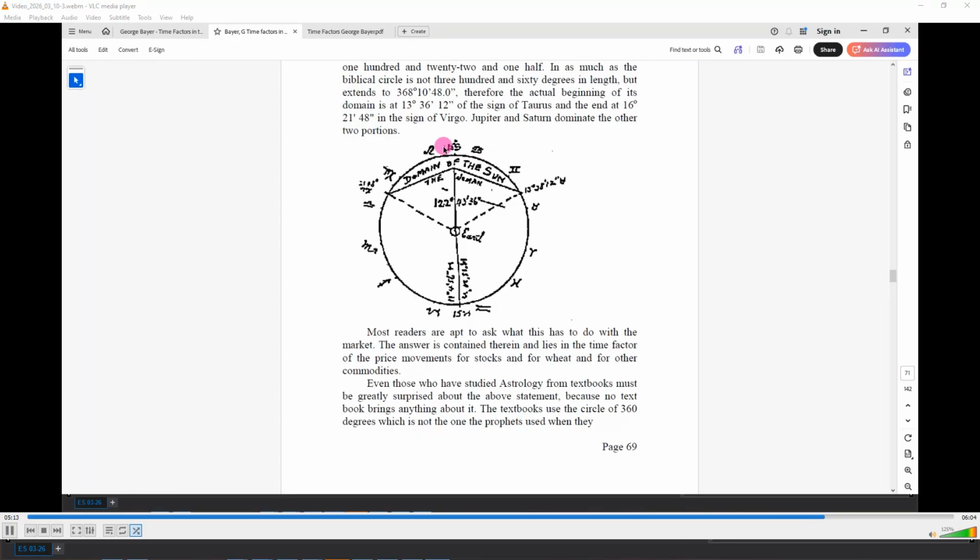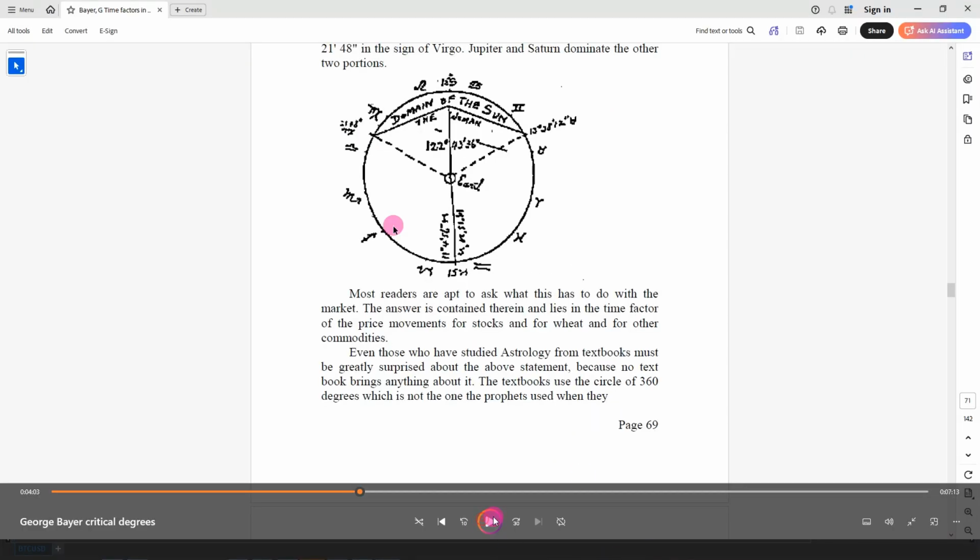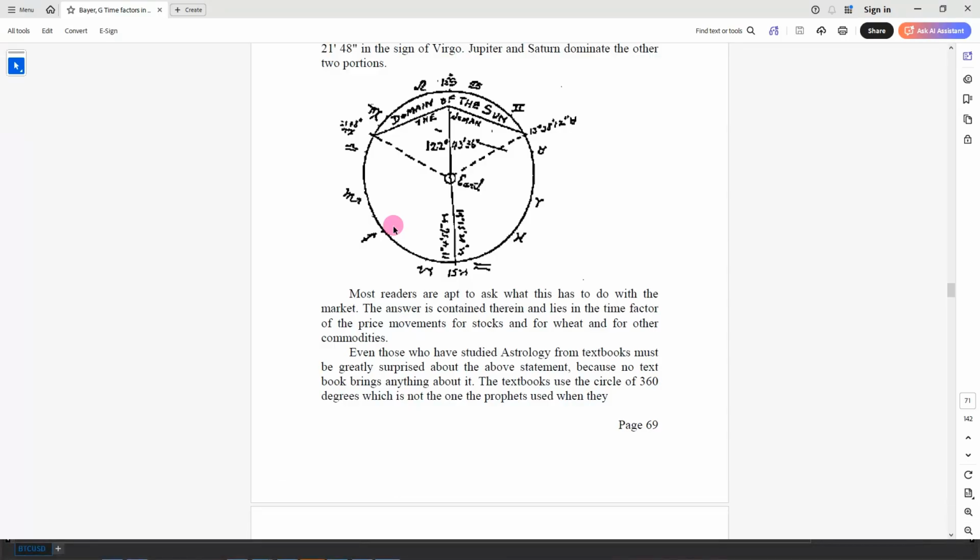I'm going to let you look into those yourself, but I'm going to look at the primary degrees that George mentioned here, along with the Leo degrees, in the examples that are going to follow, using the planets to see what kind of reaction I'm going to get in the market. So I'm going to go to the Bitcoin chart and try to apply some of these using the planets.